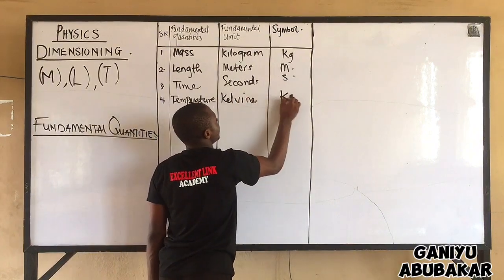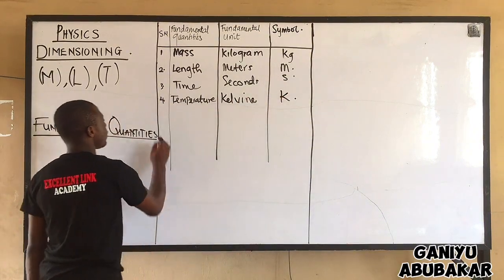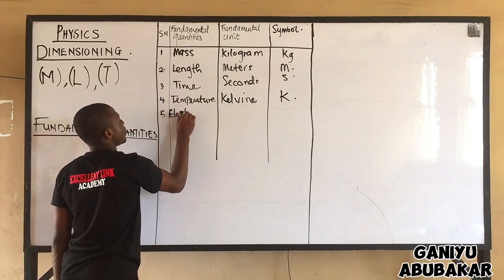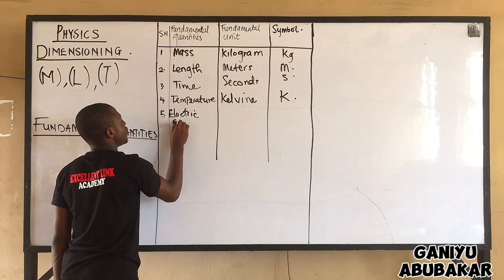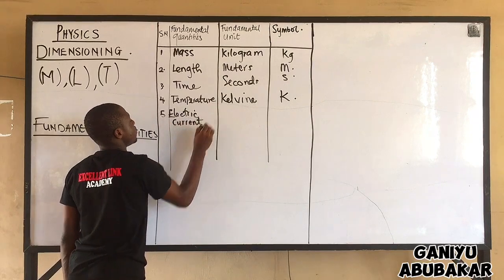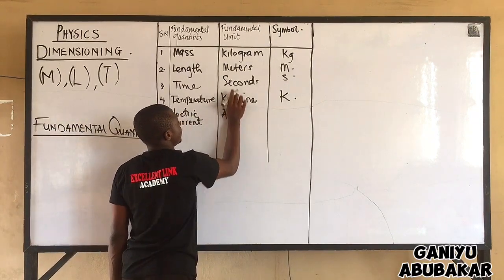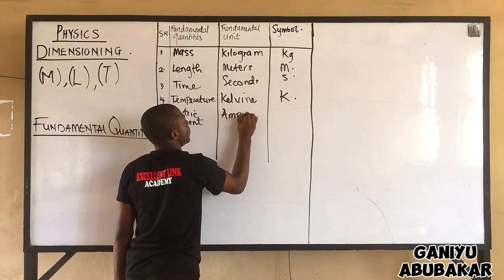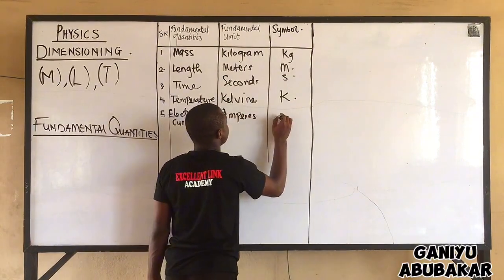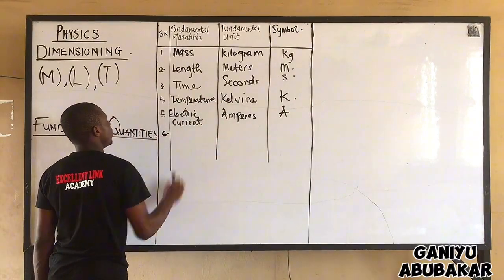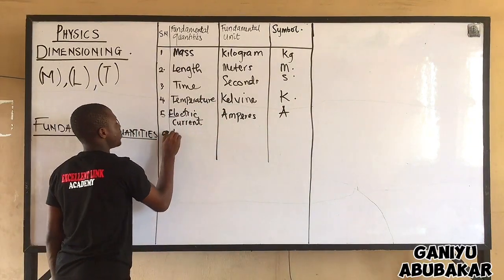Kelvin, that's K. Next up, I have the electric current. Electric current is measured in amperes, that's A. Next up, we have amount of substance.